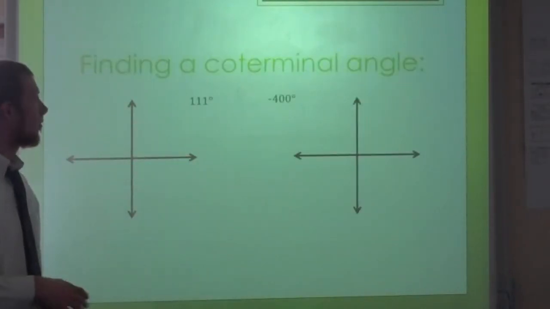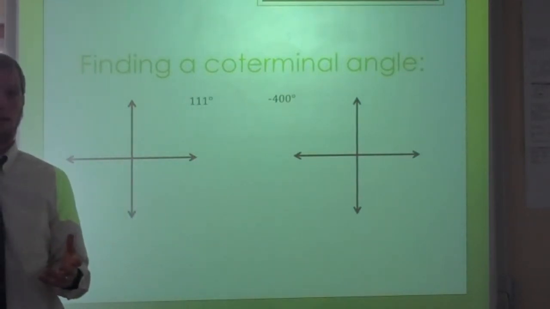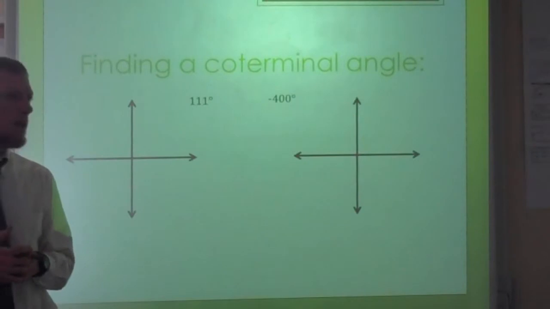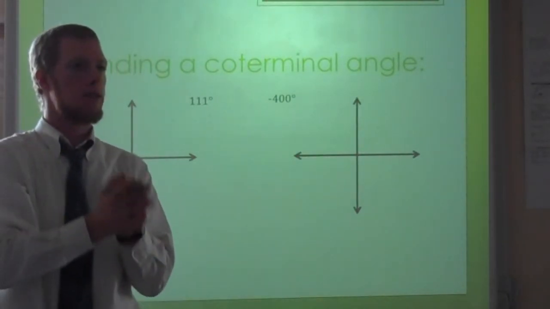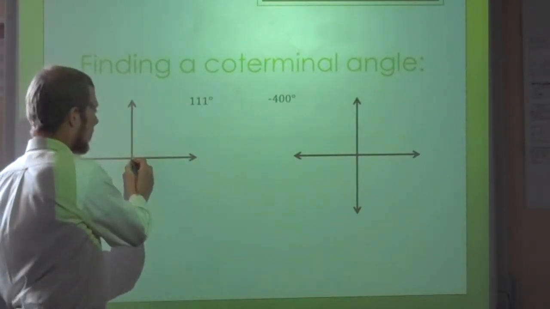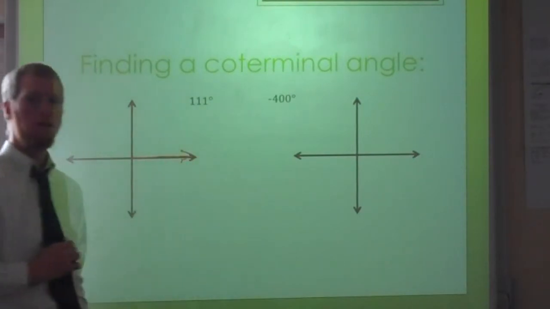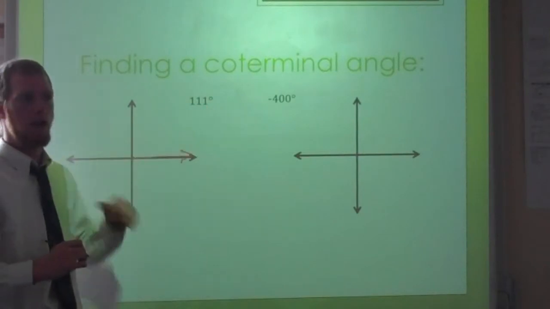The last thing we're going to have to do is find a coterminal angle. So we need to find angles that would give me the same terminal side as the initial angle. So if I'm looking for things that need to have the same side, I'm going to start out with my initial side, and I'm going to start out by measuring this angle.